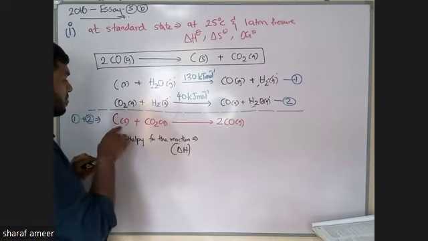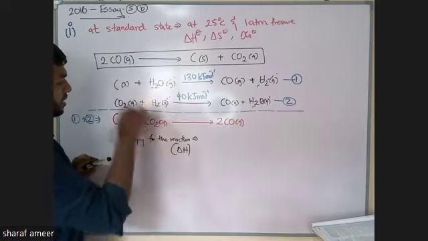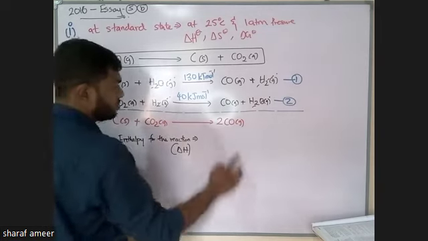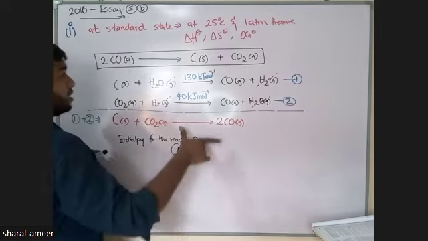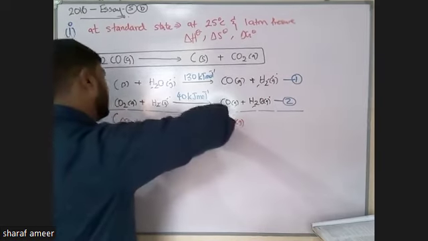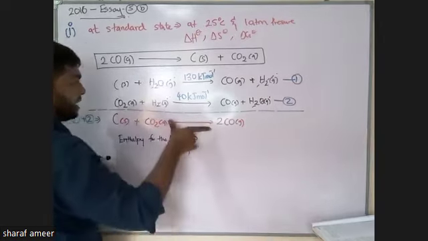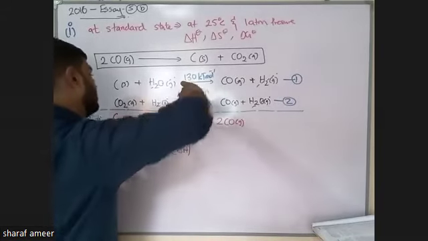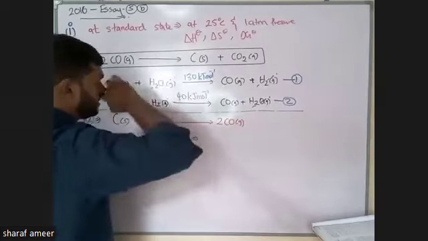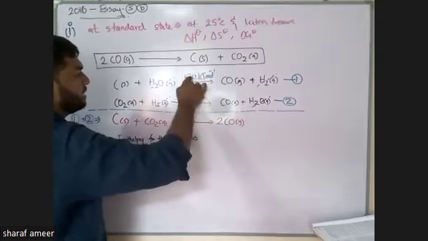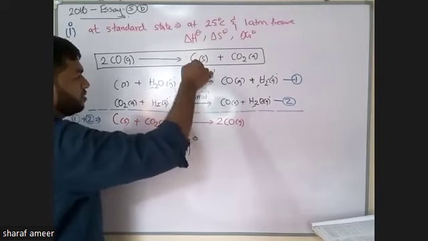But we got 1 mole of carbon solid, 1 mole of carbon dioxide gas gives 2 moles of carbon monoxide gas. So if you turn the arrow to the opposite side, the enthalpy will change. In this left to right direction, it is 130 kilojoule per mole.